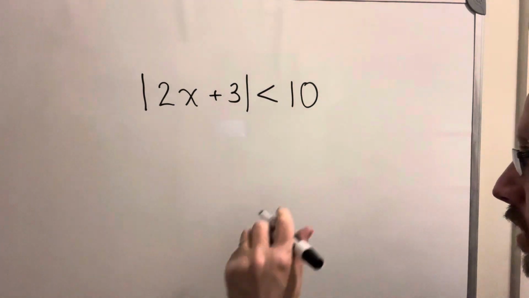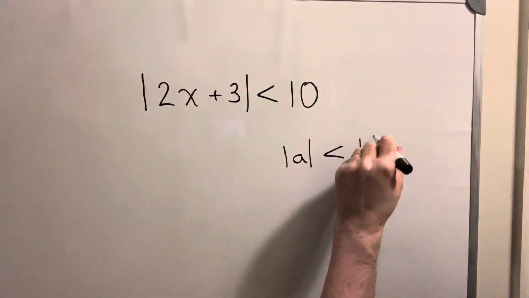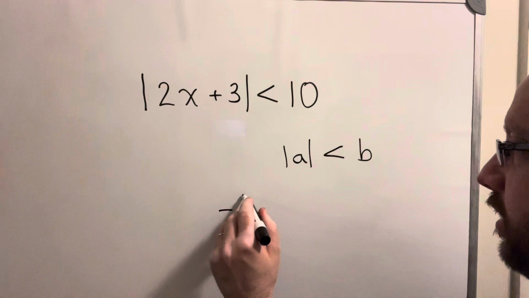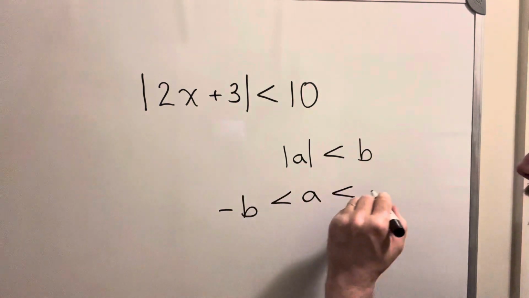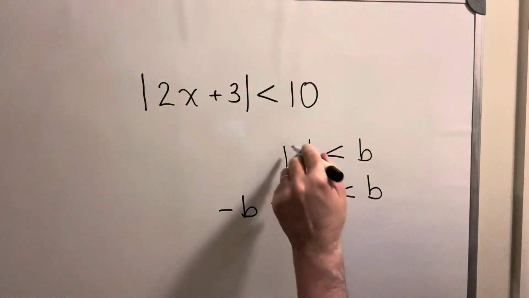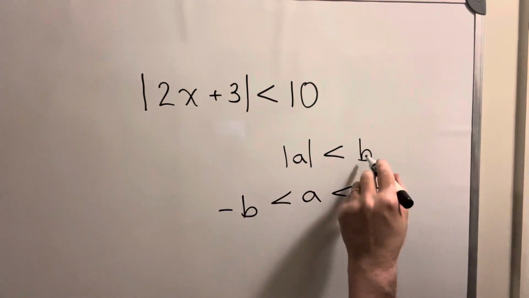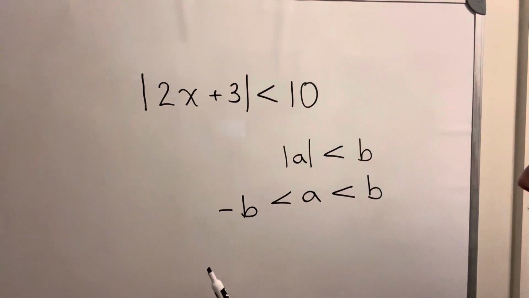Well, when you have the absolute value of A is less than B for some positive value B, this can be rewritten as follows. You can take off the absolute values and put it between the negative and positive of the non-negative value.